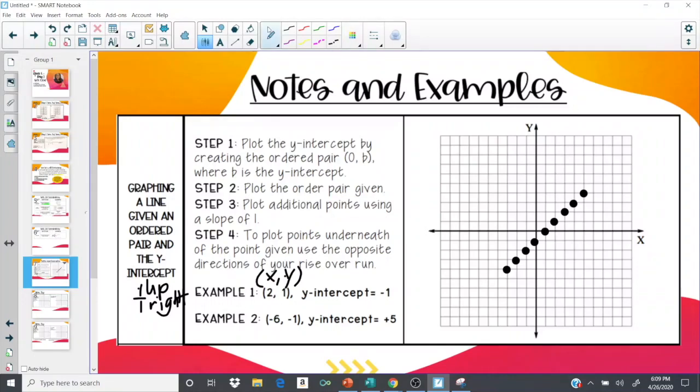Okay. After that, you are going to grab your ruler or your straight edge and create a line. Connect the dots.